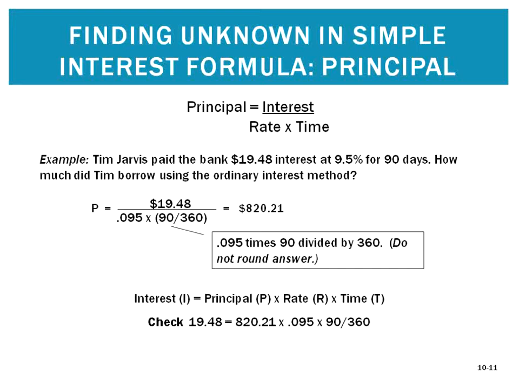So if you look at the formula at the top of the page, principal is equal to interest divided by rate times time. So your interest is 19.48 divided by 0.095. Remember, your percent has to be converted to a decimal before you can use it in a calculation.